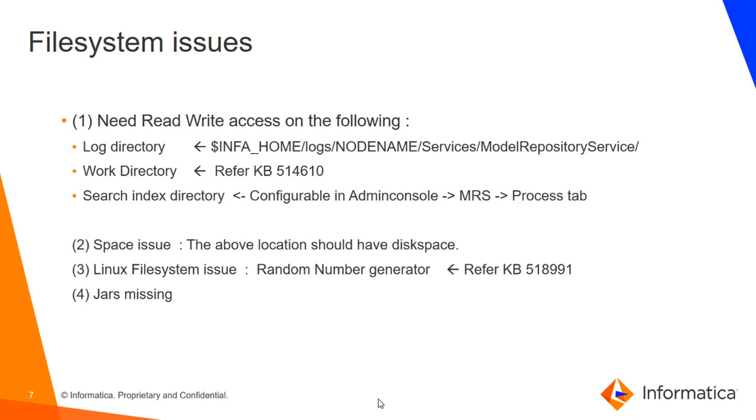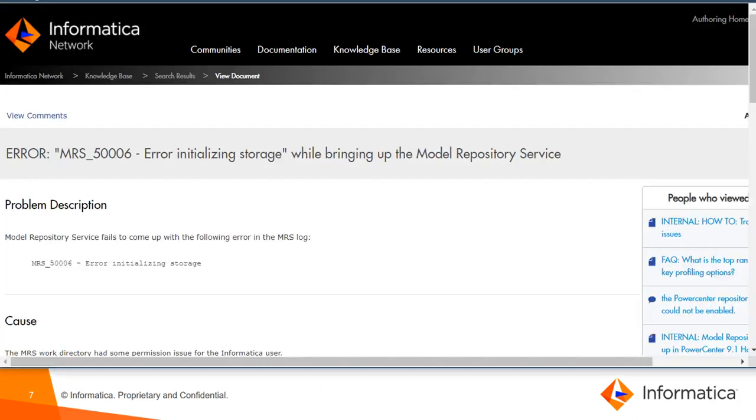So now where is the work directory? The work directory is created in the infra home services work underscore dir directory, and for the model repository service there will be a separate folder inside the work directory and it will be used by it. Now we have seen certain issues, so for example I can refer you to KB 514610, which is on the screen here.